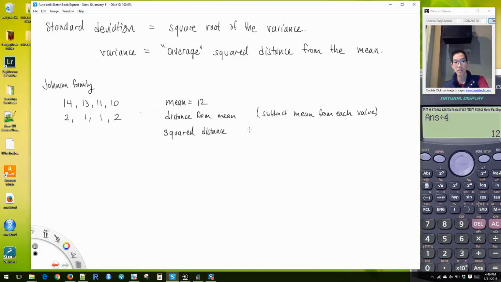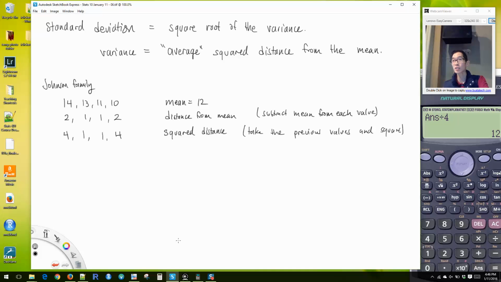Now we just take the previous numbers and square them. Squaring them is multiplying it by itself, not square root. So 2 squared is 4, 1 squared is 1, 1 squared is 1, and 2 squared is 4.